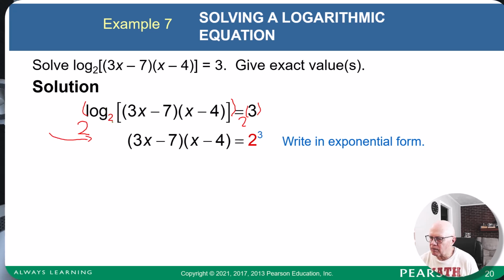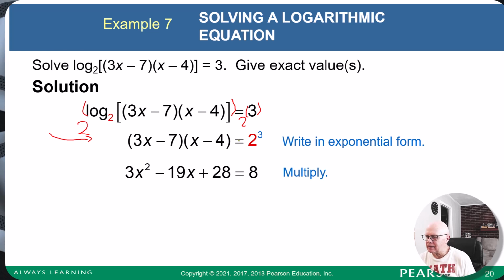Now the log of base 2 and the exponent of 2 are going to be inverses. So all you get is what's inside. And on the right hand side, 2 cubed, we know what that is. It's 8. Bring everything to one side because we do have a quadratic.